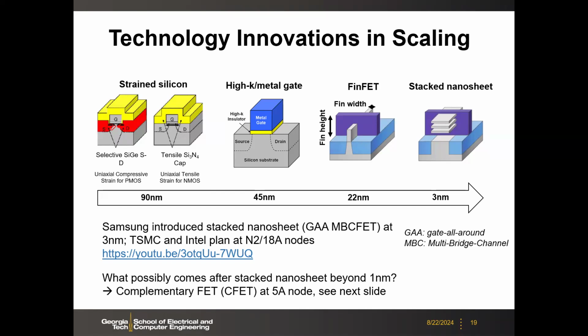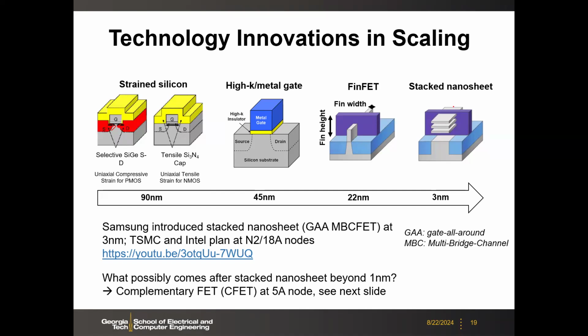Then at 45 nanometer, high-k metal gate was introduced to solve the gate leakage issue. And then FinFET was introduced at 22 nanometer to really combat the short channel effect.